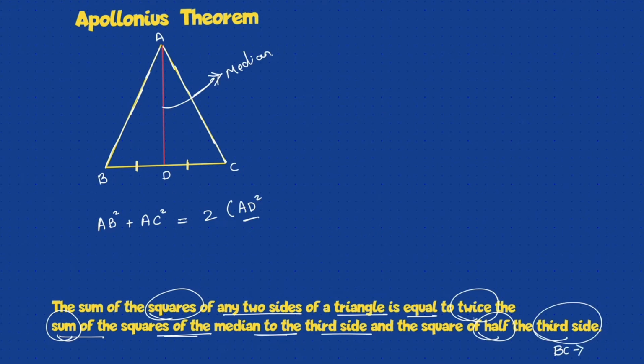This is equal to the median square plus the square of half of the third side, which is my third side BC. What is half of that? BD or DC, right? Because the median has bisected, BD is equal to CD. So write any one of them. I'm writing here DC or CD. Okay, that's it. That is your Apollonius principle.